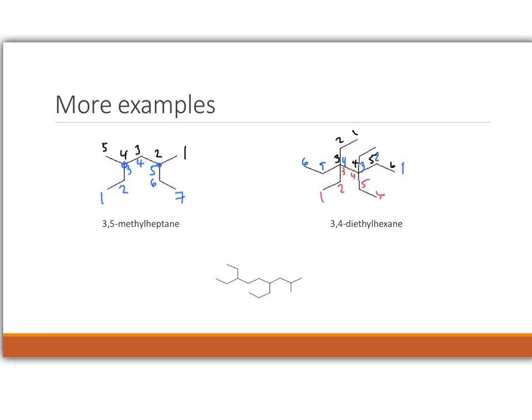Okay? Now, the thing that you want to double check, just to make sure you're not missing something longer, is looking at all of these spots where branches would be coming off and making sure that they're the same. So at my 3s, regardless of the color, if I'm looking at my black 3, I have an ethyl group coming off this way, and an ethyl group coming off this way, and then I have an ethyl up this way and an ethyl down that way, if I'm going based on my black numbering.